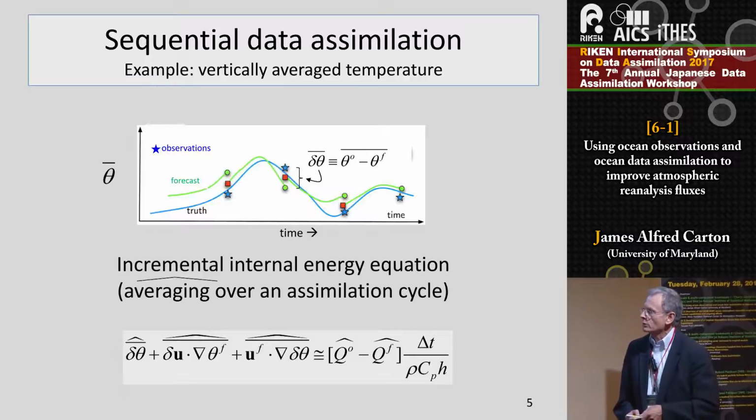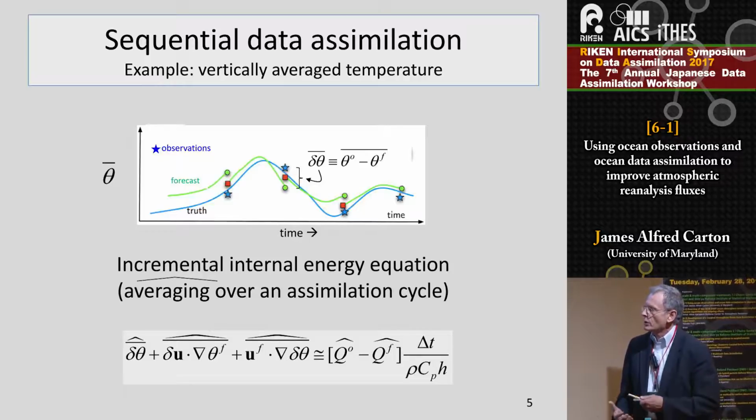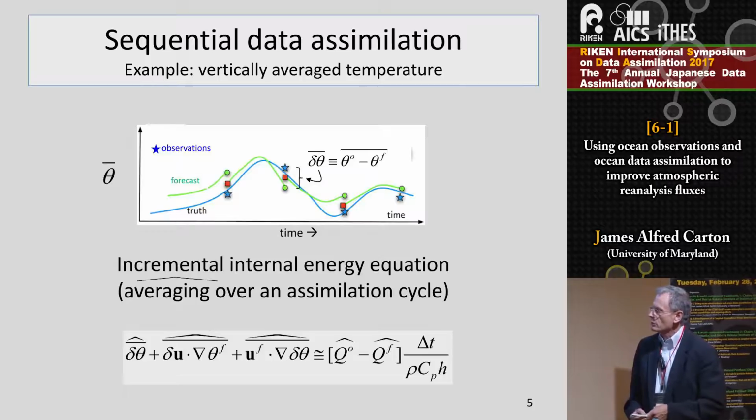So we can come up with a time rate of change of the increments. On the right-hand side, we have this difference between the observed, or maybe better stated as the true, surface heat flux, and the surface heat flux actually delivered to the ocean from these atmospheric reanalyses.